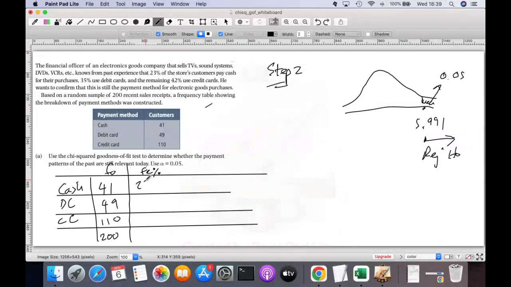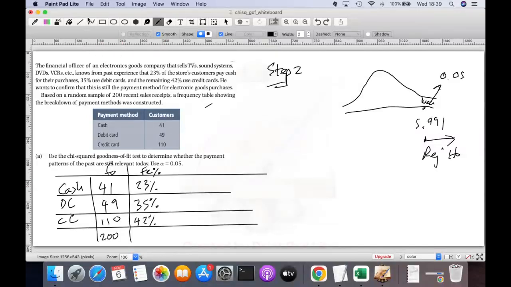So it's 23%. Then by debit card is 35% of them. And then lastly, the remaining is 42% by credit card. So I haven't done any calculations. All I'm doing is putting the information they give us in the question into a table.